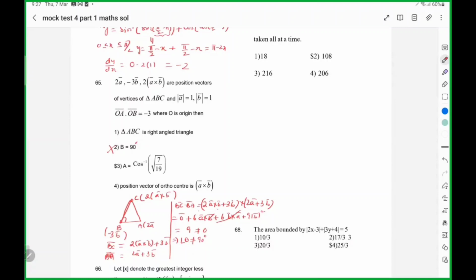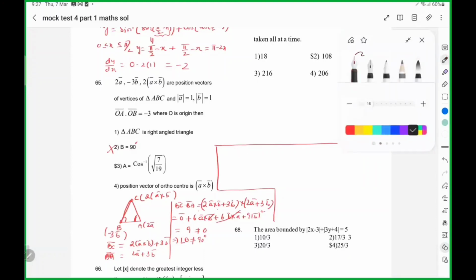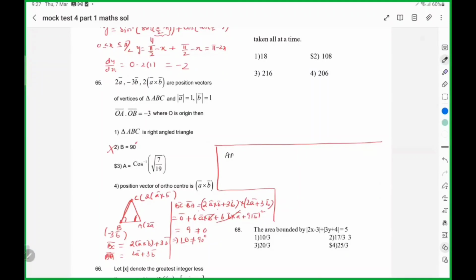Now let us find angle A. I'll take some space here. I'll find AB, which is OB minus OA, minus 3B minus 2A. AC will be OC, 2 times A cross B minus 2A.